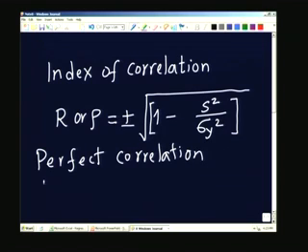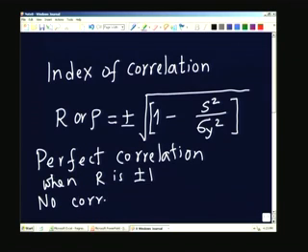when r is plus or minus 1 or close to plus or minus 1, and no correlation if r is close to 0.